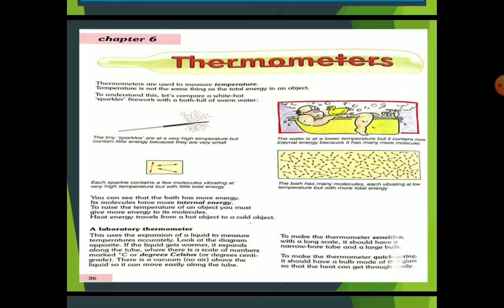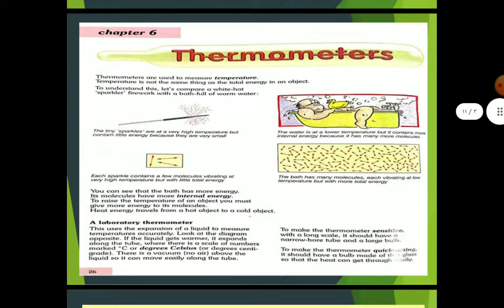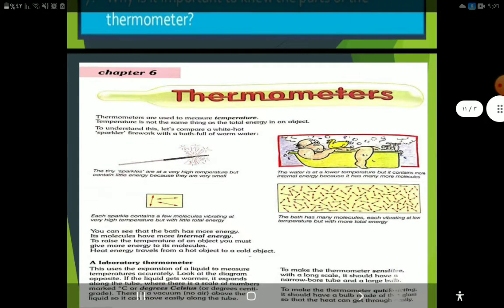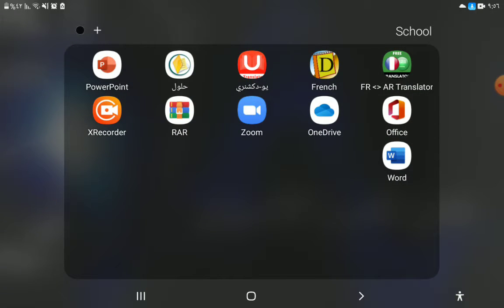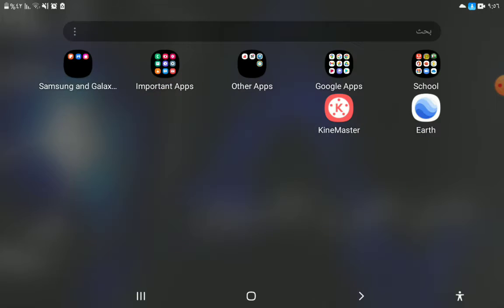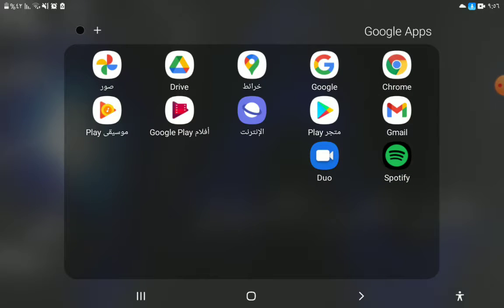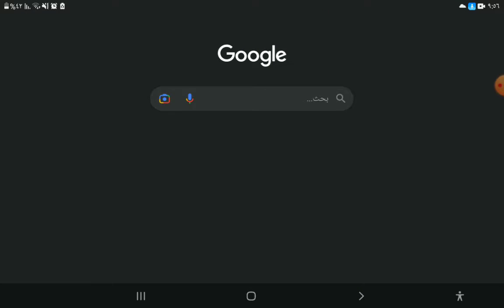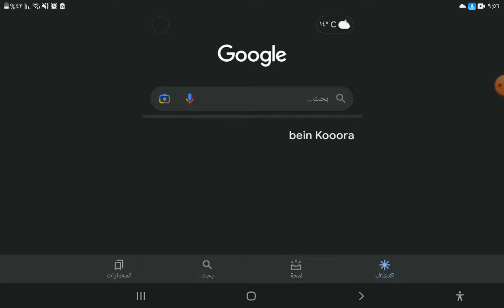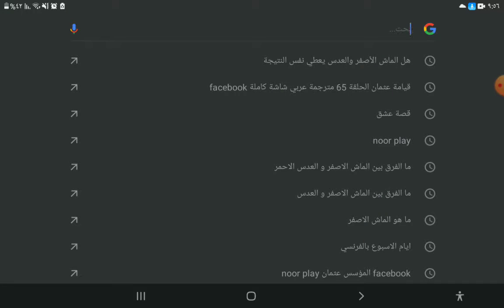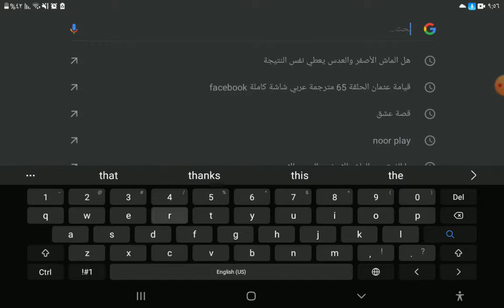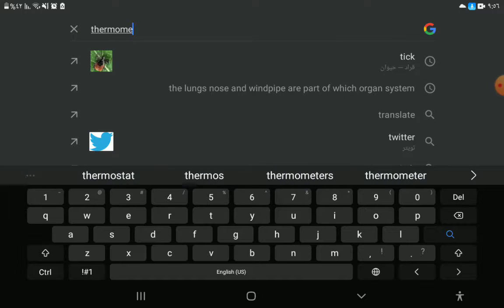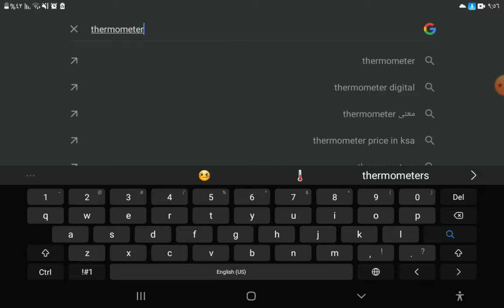If you don't know what a thermometer is, go to Google.